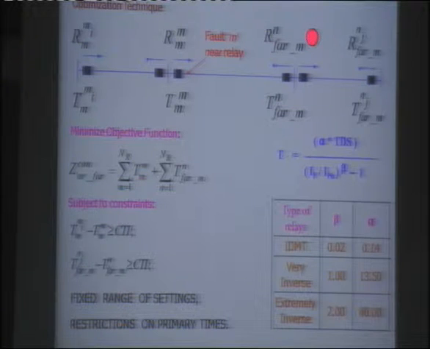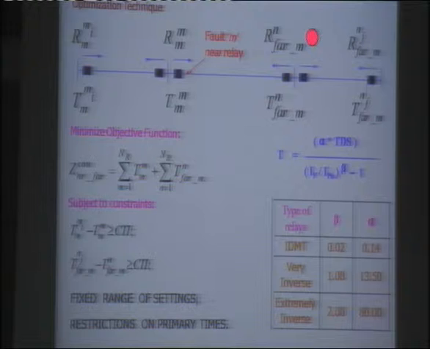But still, we have to determine the setting of relays, and that is not possible manually. So in the research area, a mathematical problem is solved.